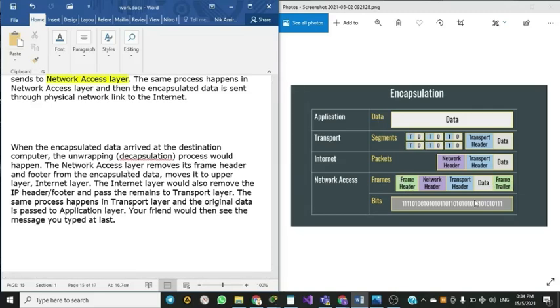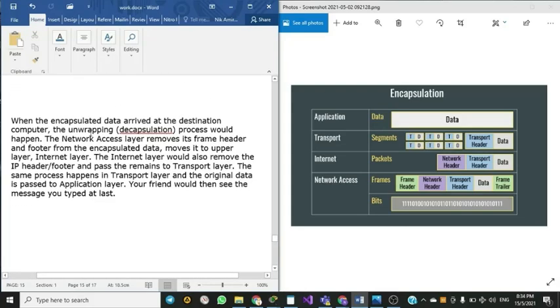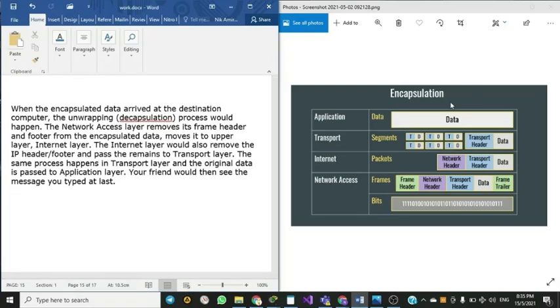We remove these two, then go up and remove the network header, and we also remove the IP header and the transport layer header. This happens until the original data you sent arrives at your friend's side, and your friend will be able to see the message.